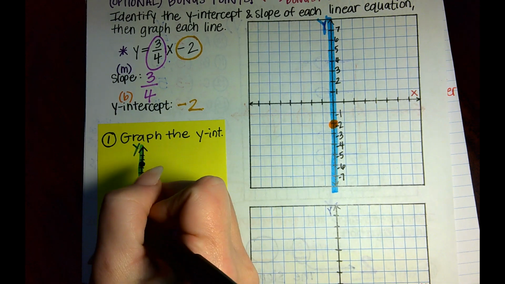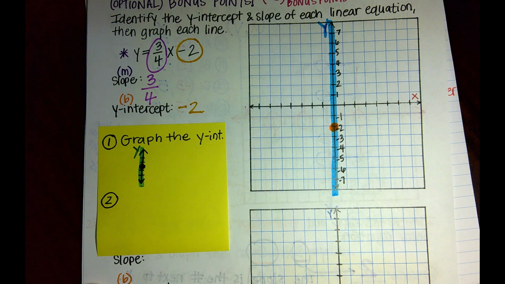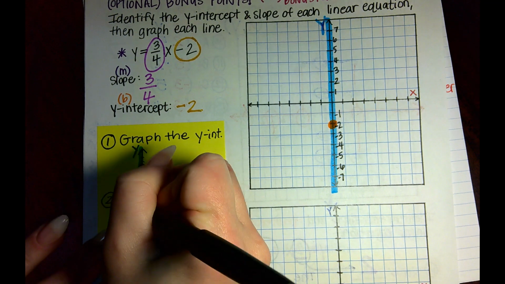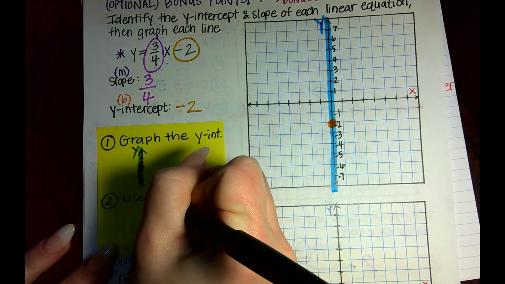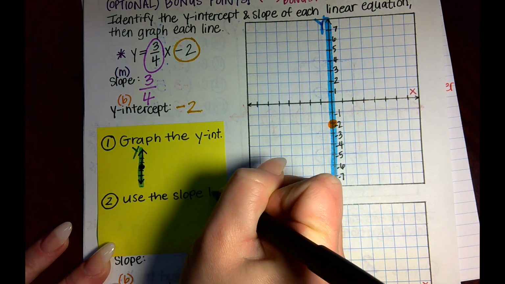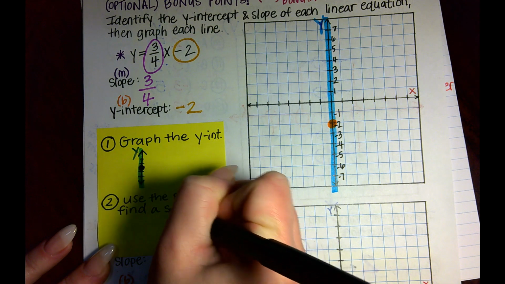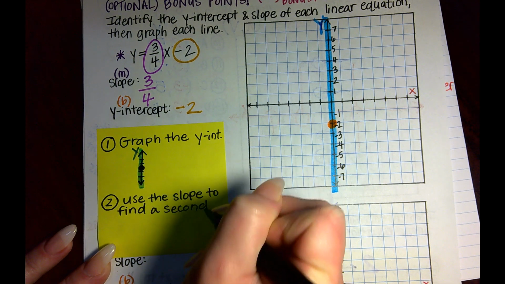That's our first step. The second step is we are going to use the slope to find a second point.